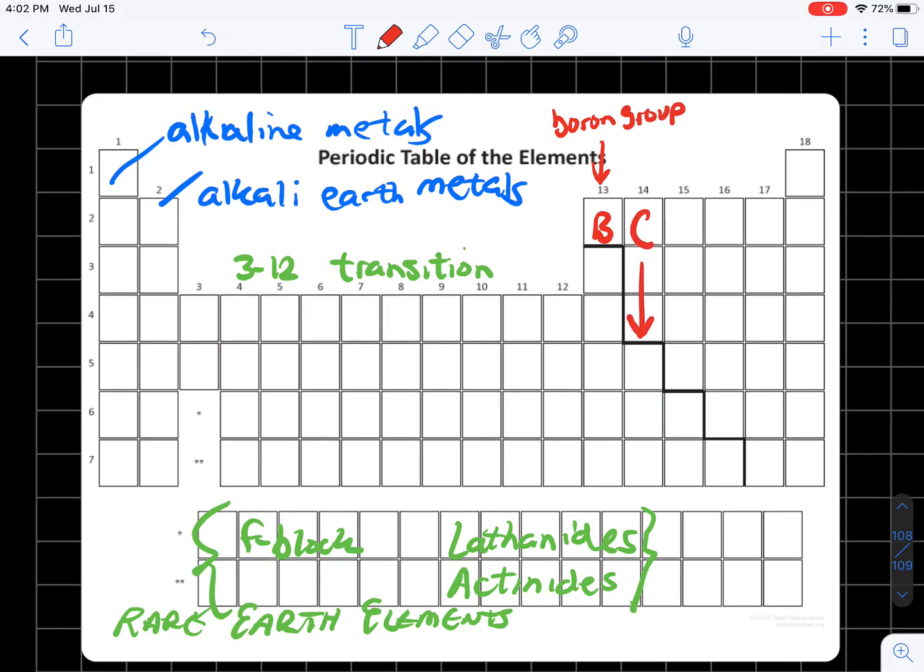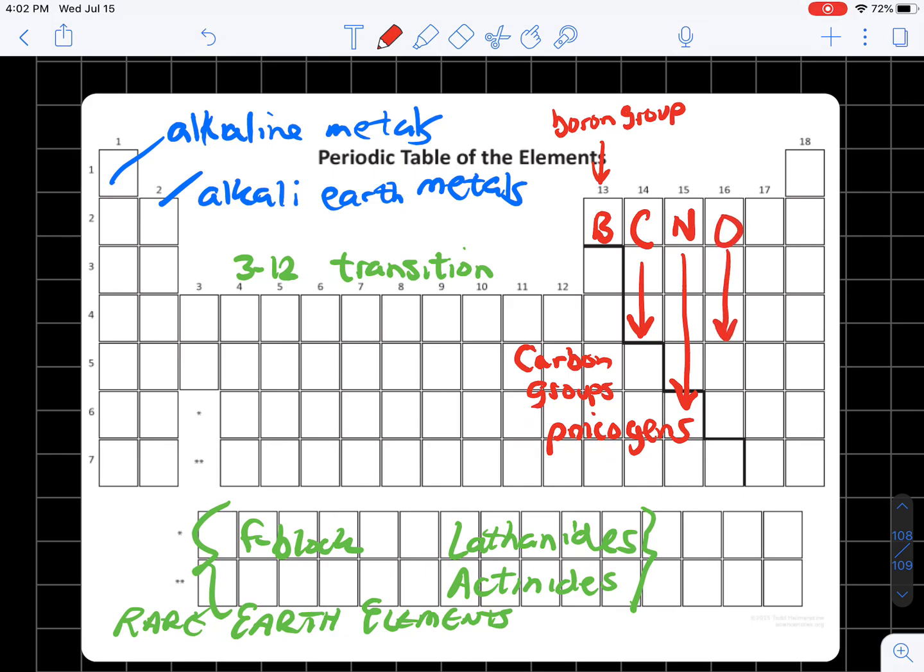And group 14 starts with carbon, so they just call this the carbon group. Group 15 starts with nitrogen, so naturally we call them pnictogens. I don't know why.